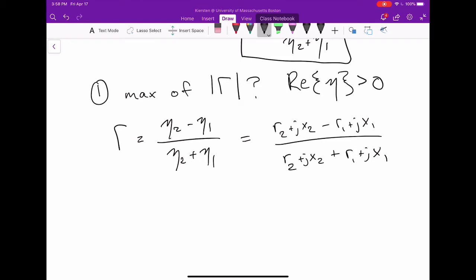Now we can find that the minimum value is just if these two intrinsic impedances are equal. That's fine. But what's its maximum value?